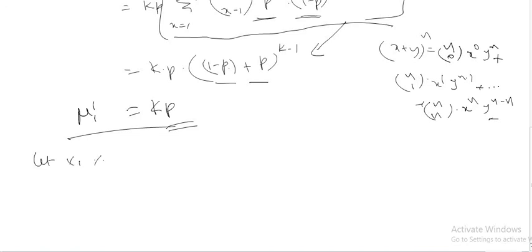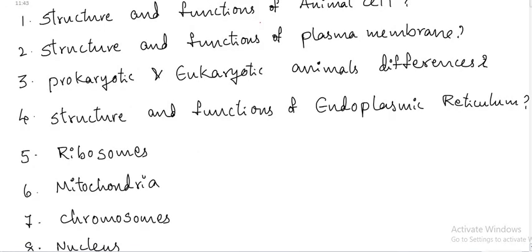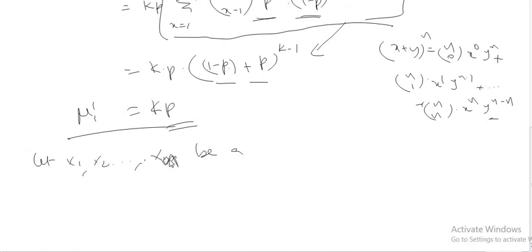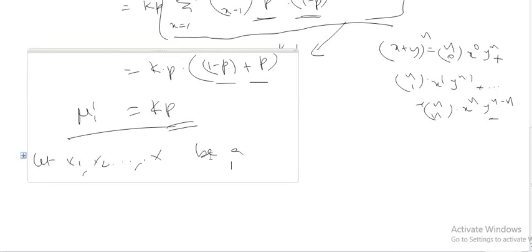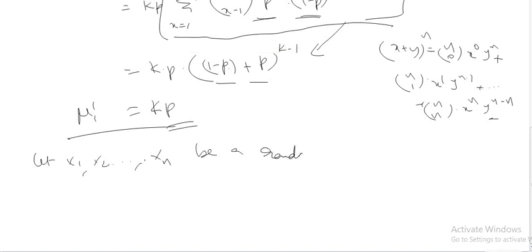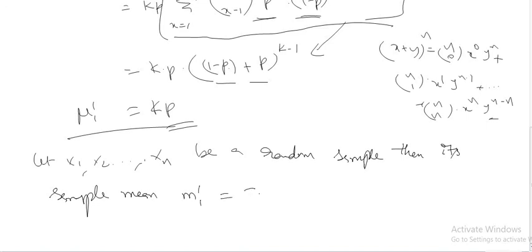Let x1, x2, and so on up to xn be a random sample, then its sample mean m1 dash is summation xi by n, that is x bar.